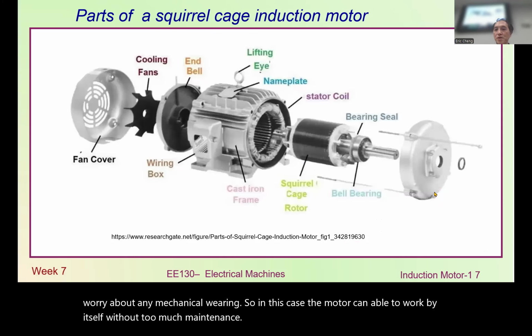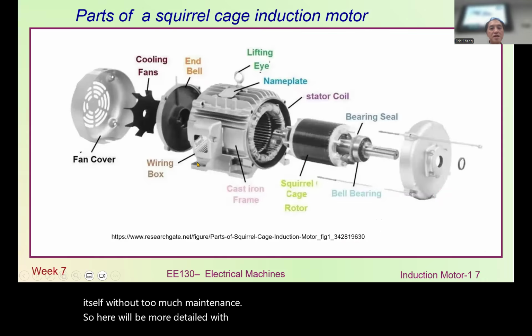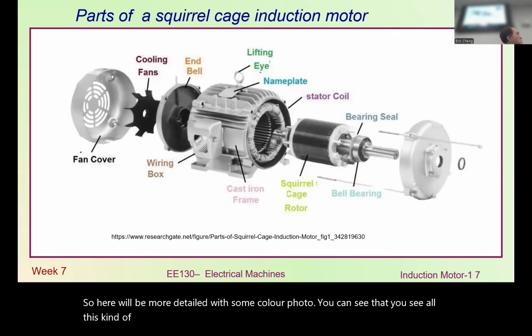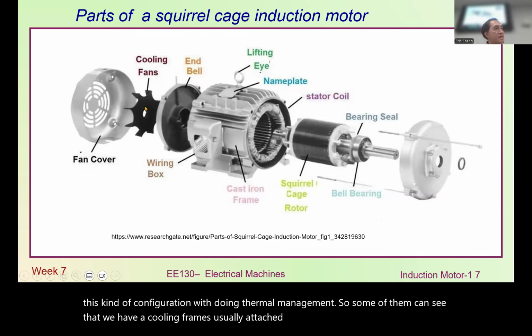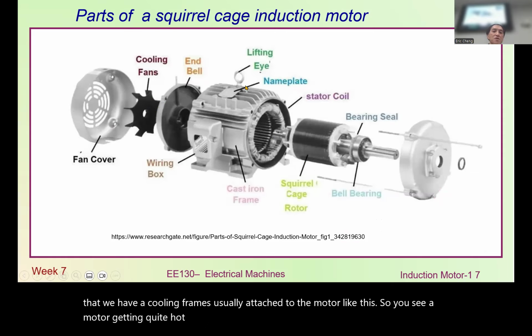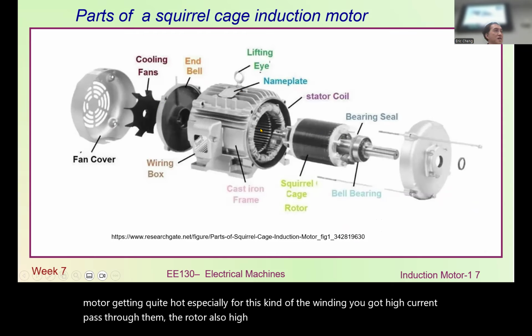So here will be more detail with some color photos. You can see all this kind of configuration, we do the thermal management. So some of them you can see that we have cooling frames usually attached to the motor like this. So you see the motor getting quite hot, especially the winding. You've got high current passing through them. The rotor also has high current, then while rotating generates heat.